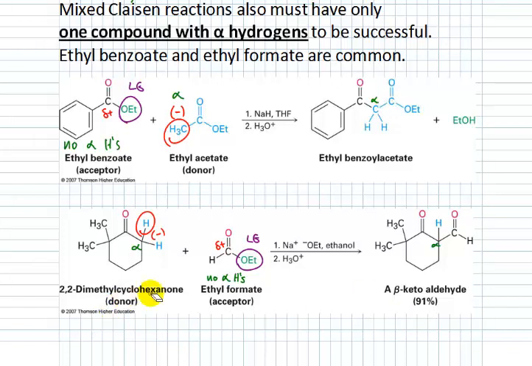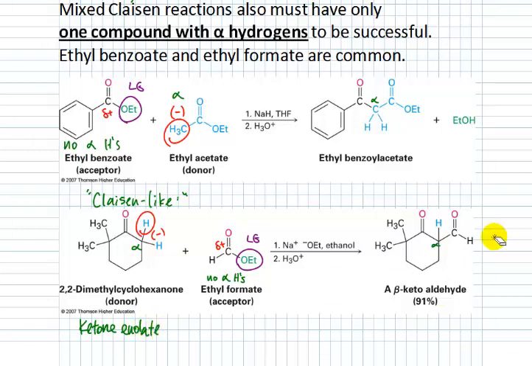This reaction down here is interesting. It's technically not a Claisen reaction since it's not the reaction of two esters. This one is technically called Claisen-like, where we have just a regular ketone enolate. Okay.